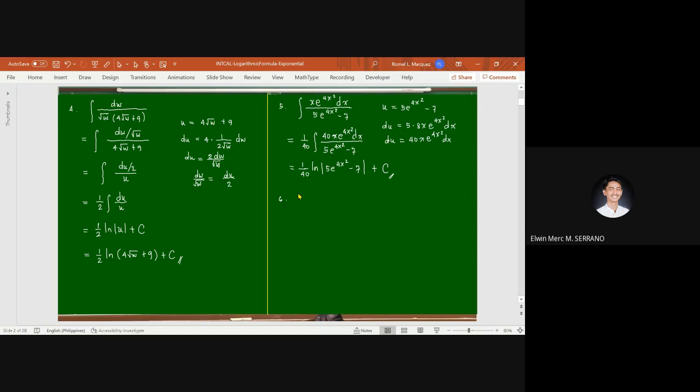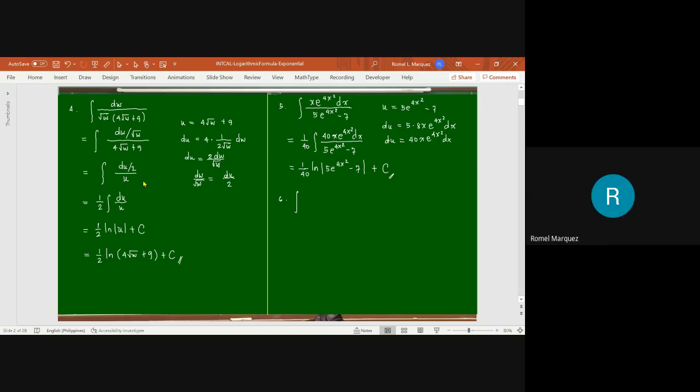Pero may mga integral ka. Question, sir. Yes. Yung sa number 4 po, ba't po 1/2 yung lumabas? Kasi 1 over 2, yung numerator. Di ba pag nilabas mo yun, equals du over 2u po.